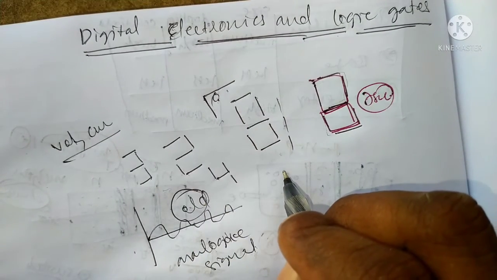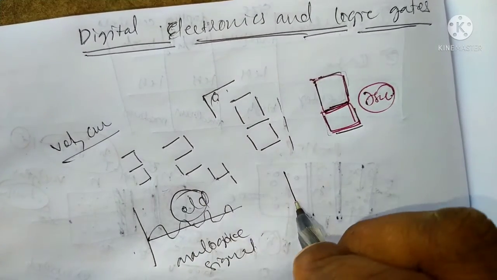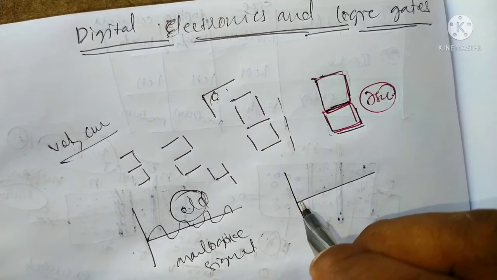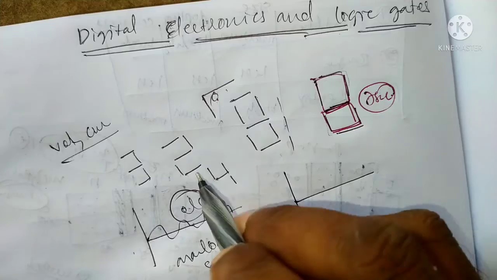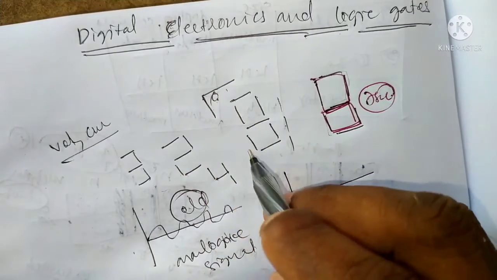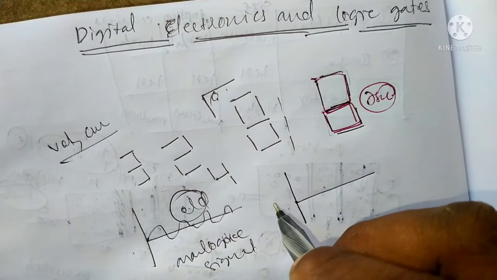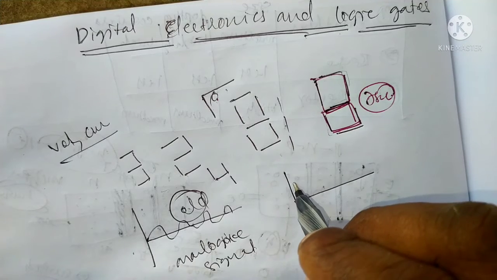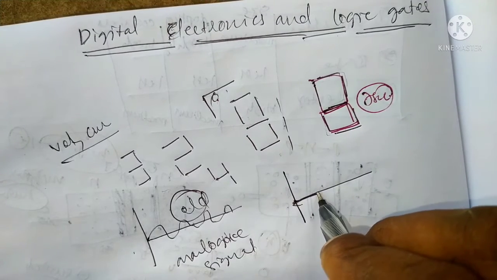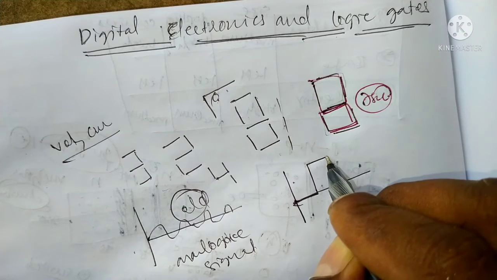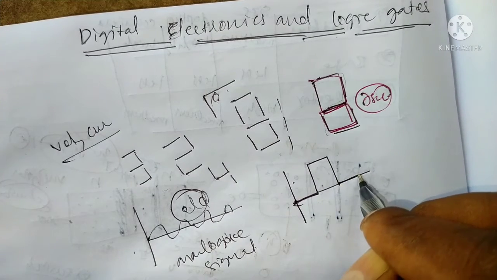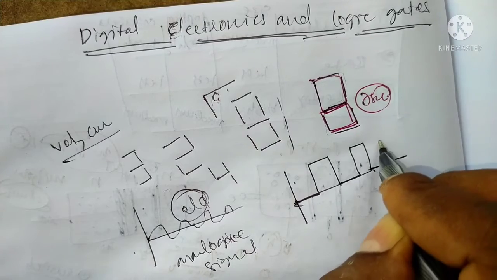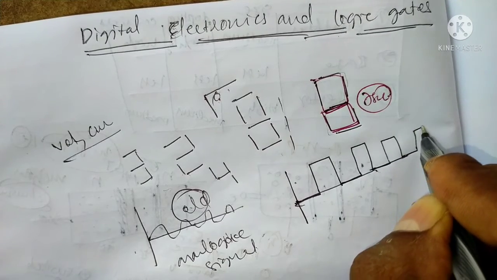Now the voltage amplitude is in the form of basic numbers, 1, 2, 3, 4, 5 like this. This is the basic digital electronics. These are the basic levels, and also the voltage is like this: 0 0 1 0 0 1 0 1. That is the on and off states.